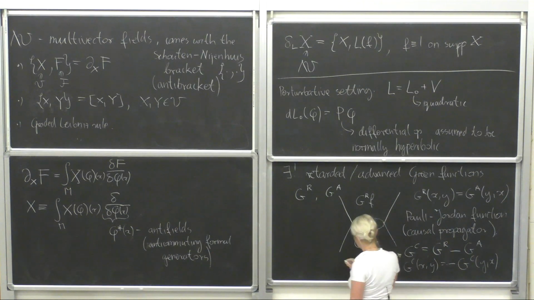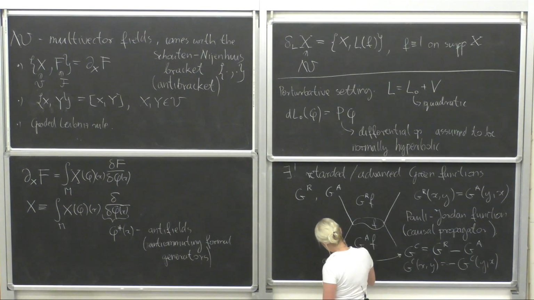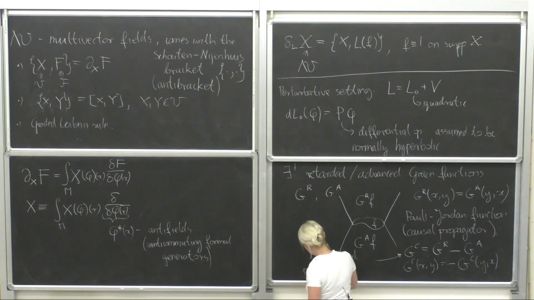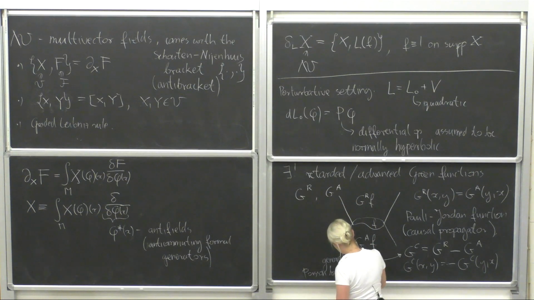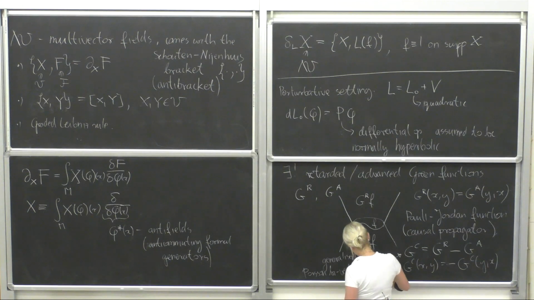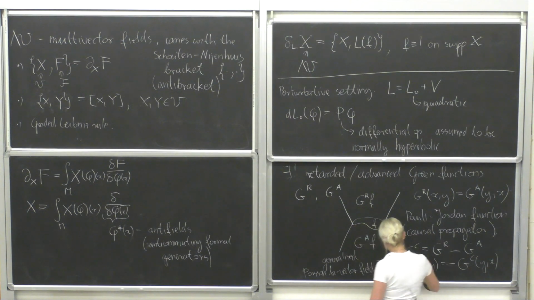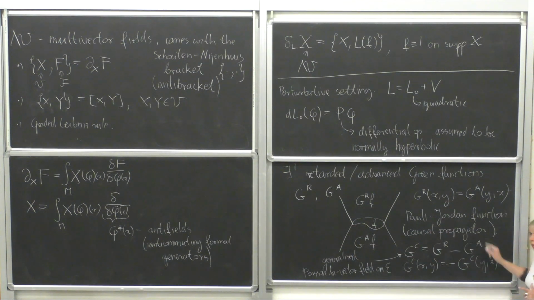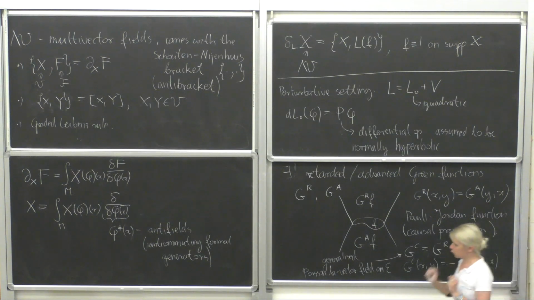So this gives us a generalized Poisson bivector on E. So we can construct a Poisson bracket with that.